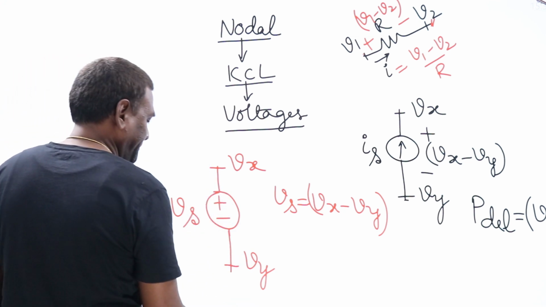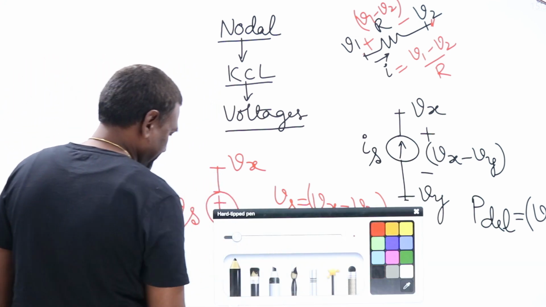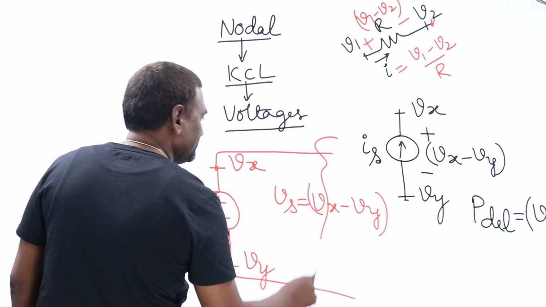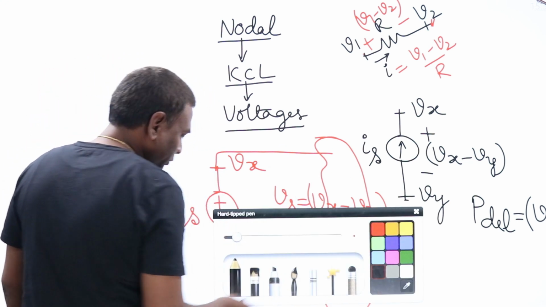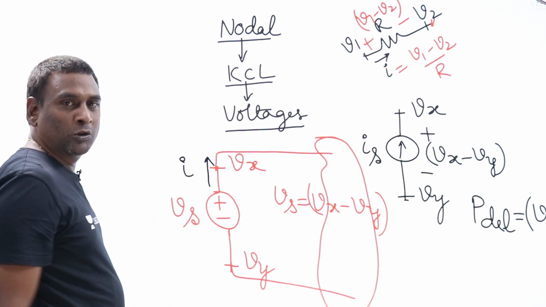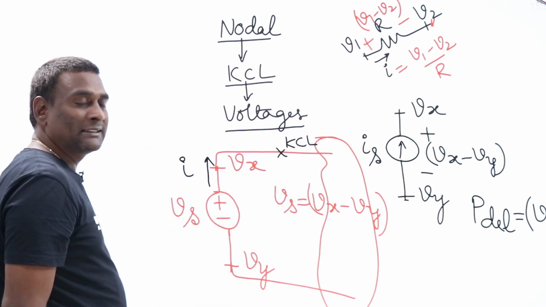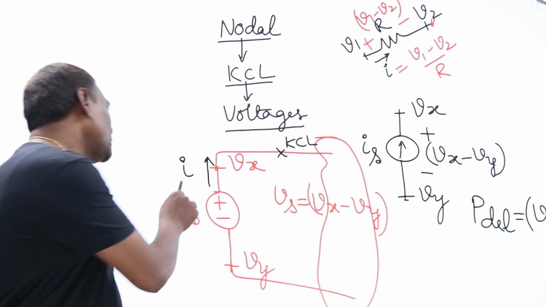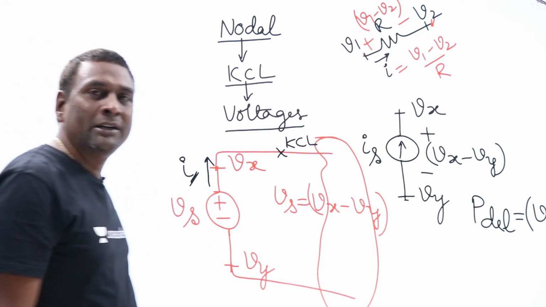Rather than that, what can be done is, basically this would be connected to one system, right? In that system, in order to find out the current flowing through this voltage source, somewhere here we have to apply KCL, such that the current entering should be equal to current leaving. Then only current can be found. Then only power delivery or power absorption, whatever it may be, can be found.